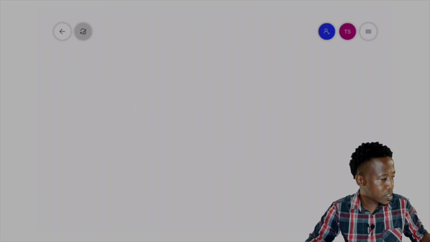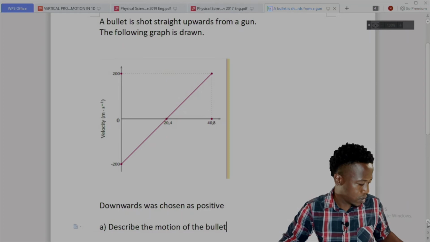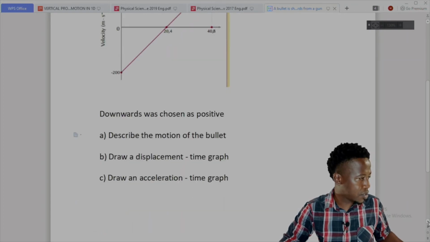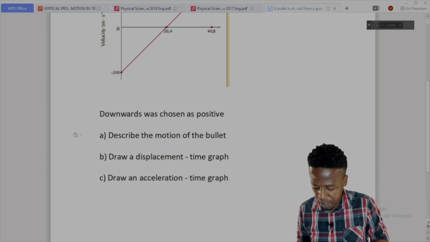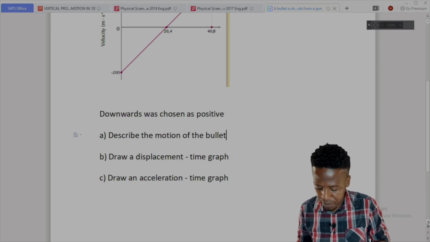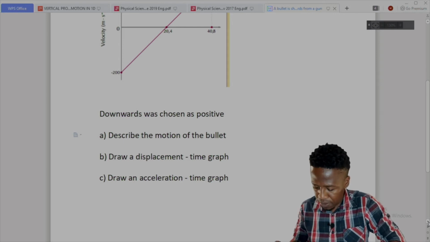The next question, what they're asking us to do is draw an acceleration time graph. Acceleration time graph. Again, let me get my ruler.